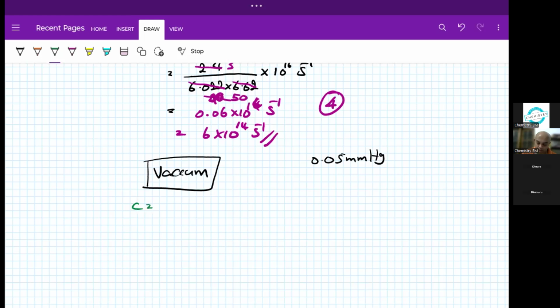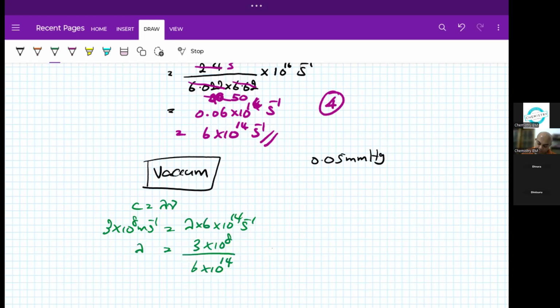C equals lambda nu. Now C is 3 into 10 to the power 8 m s^-1. Lambda is what we have to find. Then nu is 6 into 10 to the power 14 per second. So lambda is equal to 3 into 10 to the power 8 divided by 6 into 10 to the power 14.